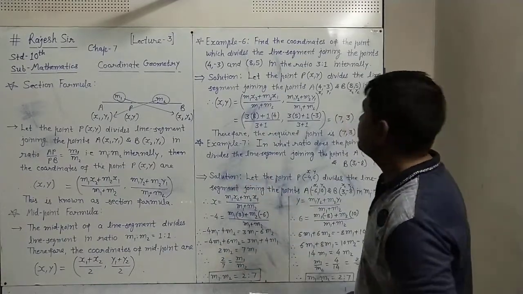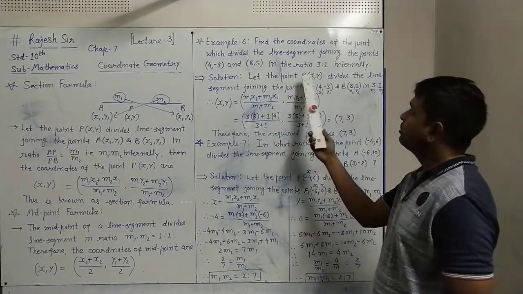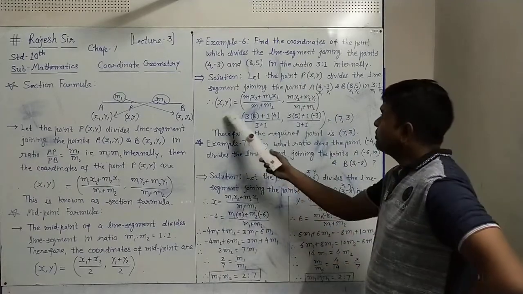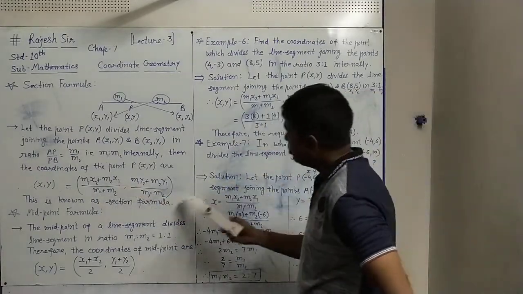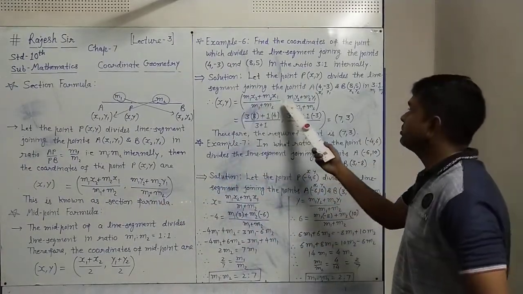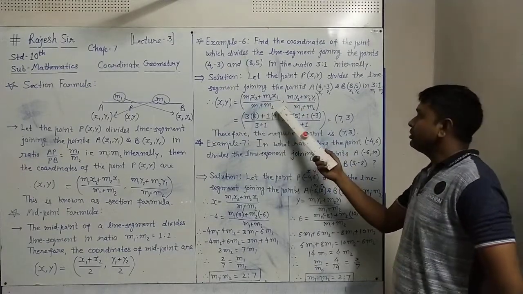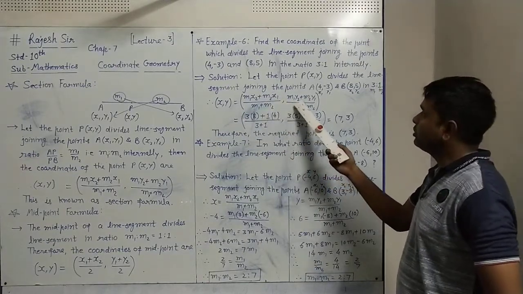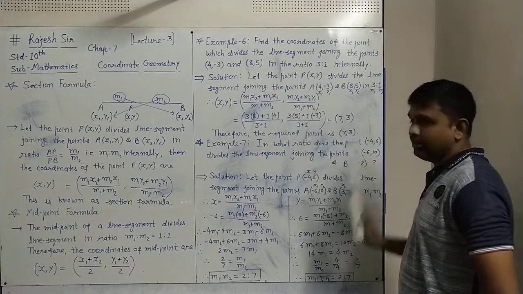So this way we denote everything by comparing with the section formula. I will use the section formula to find x and y, because we want x and y. (x, y) equals m1 x2 plus m2 x1 upon m1 plus m2, and the y coordinate is m1 y2 plus m2 y1 upon m1 plus m2.